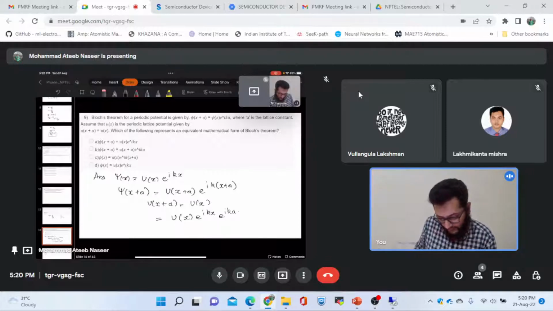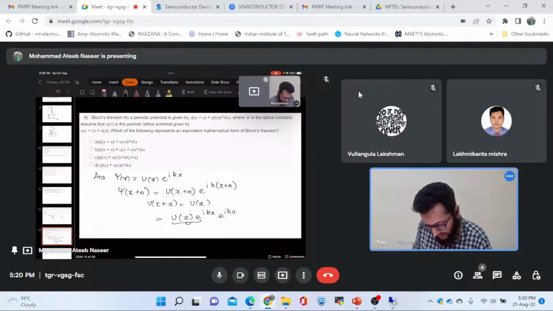Now we can clearly see that u of x e to the power iota kx can be written to be equal to psi x itself. That's the solution that we have assumed in here. So we will write it to be equal to psi of x into e to the power iota ka.